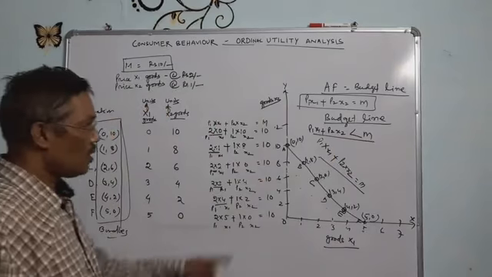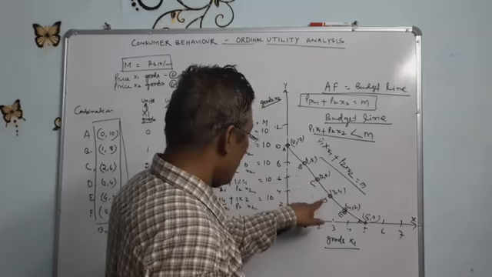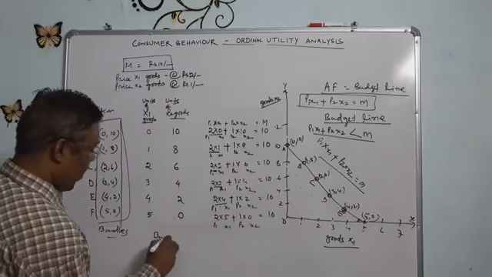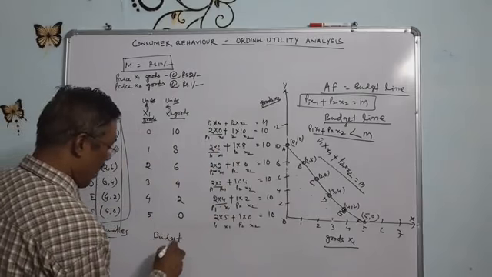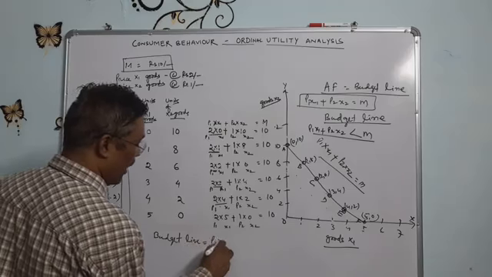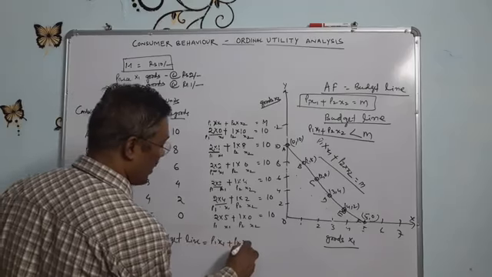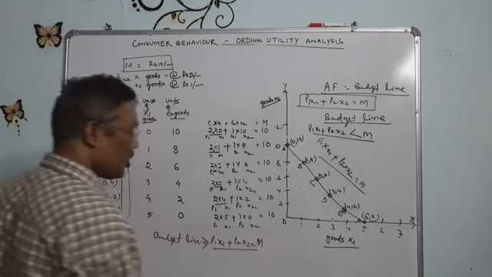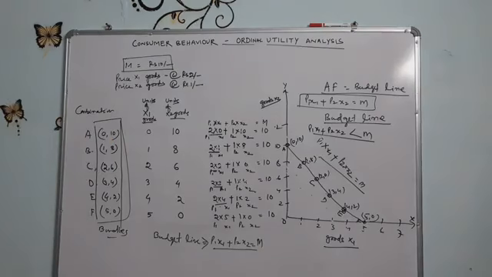So it means this budget line says P1x1 plus P2x2 equal to M. This is called budget line. So what is the budget line?